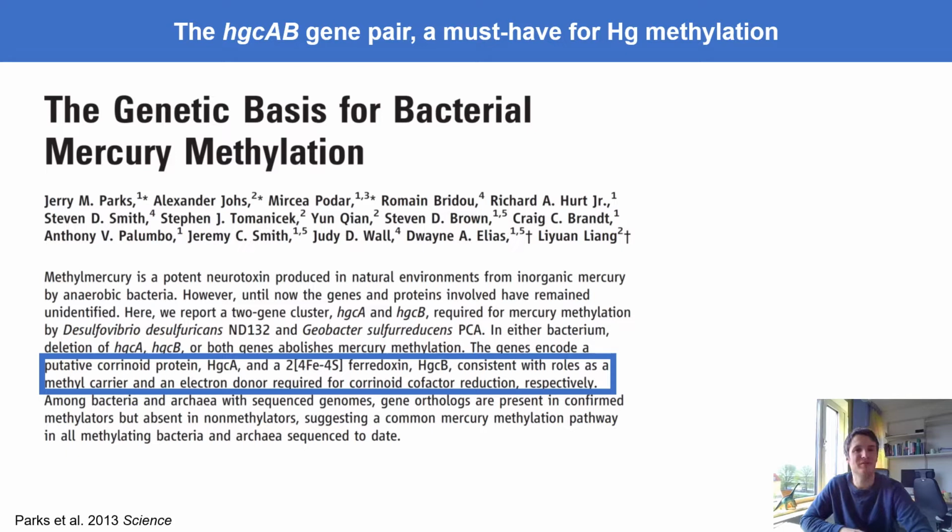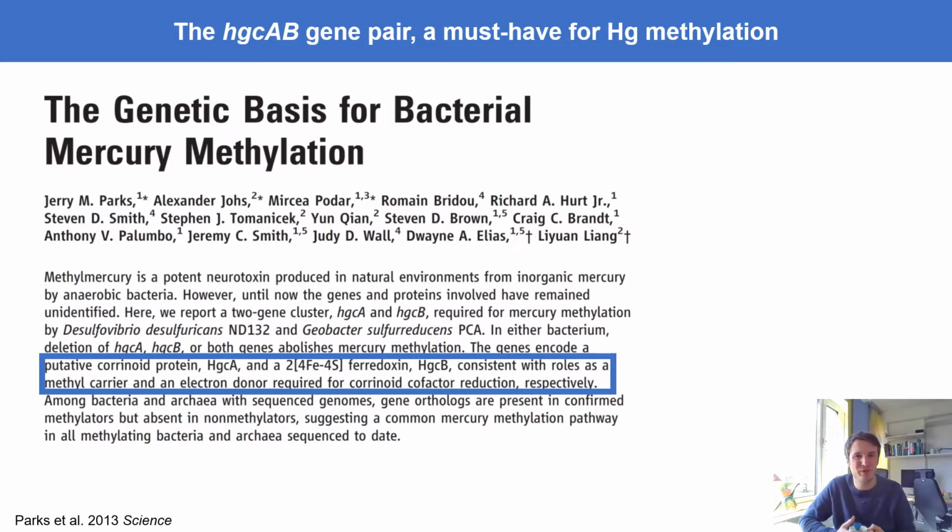For example, for mercury methylation, in 2013 Jerry Parks and colleagues from Oak Ridge National Lab discovered the gene pair named hgcAB. This is very important because before that we knew that mercury methylation was mediated by microbes, but we didn't know exactly which microbes, and we were doing inference based on the microbial diversity present in a specific ecosystem, or because of a lot of culturing in the lab, some people were able to isolate strains able to do mercury methylation.